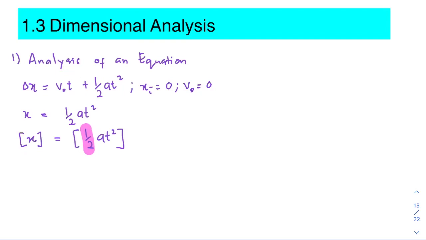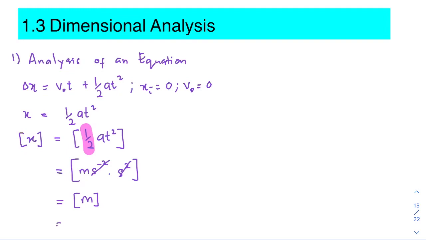So now I'm going to open up and replace the symbols with the dimensional symbols. A is meter per second squared as our unit, and t is second squared. Then simplify, and meter is what remains, isn't it?